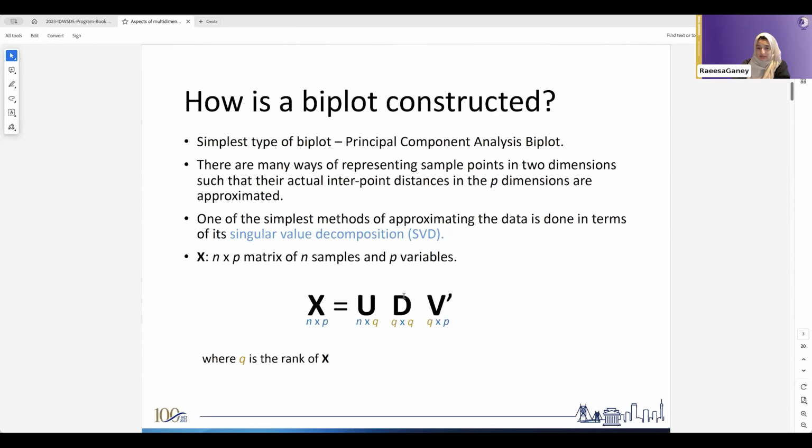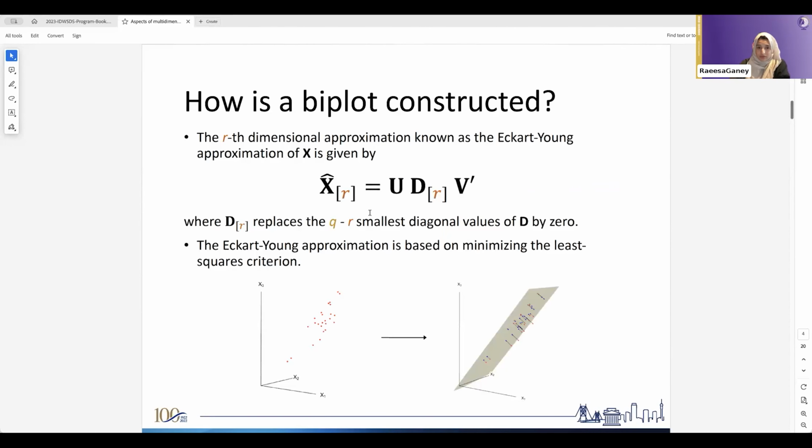Now the dimensions of the D matrix will be Q by Q, and Q is the rank of X. So we are now taking p-dimensional data and approximating it into 2 or 3 variables. So we then use the Eckart-Young approximation, which is just taking the first R, and R is typically 2 or 3, as I said before.